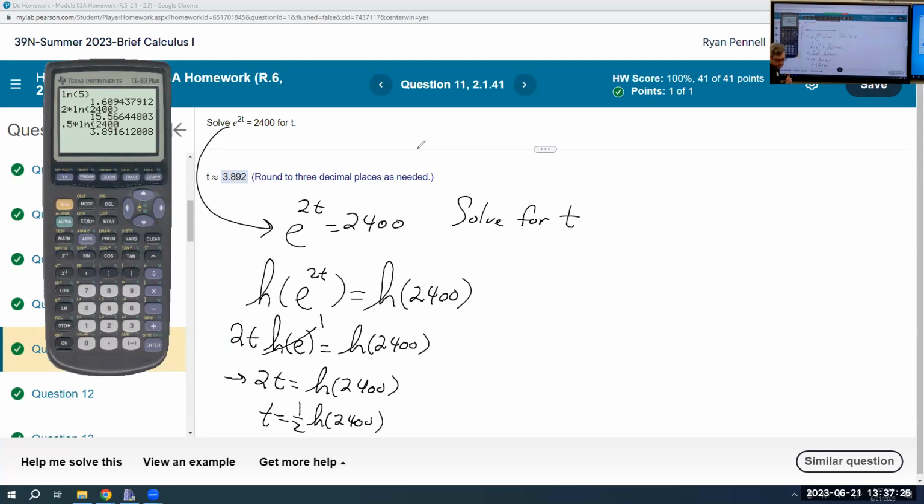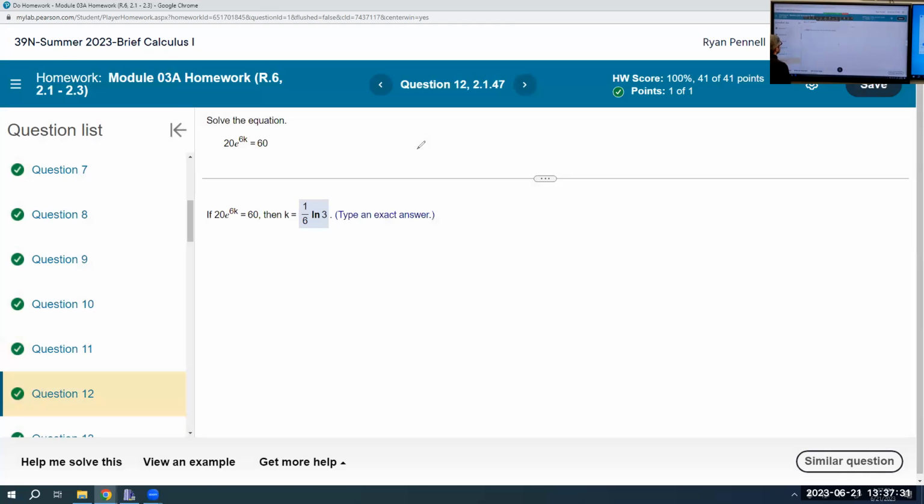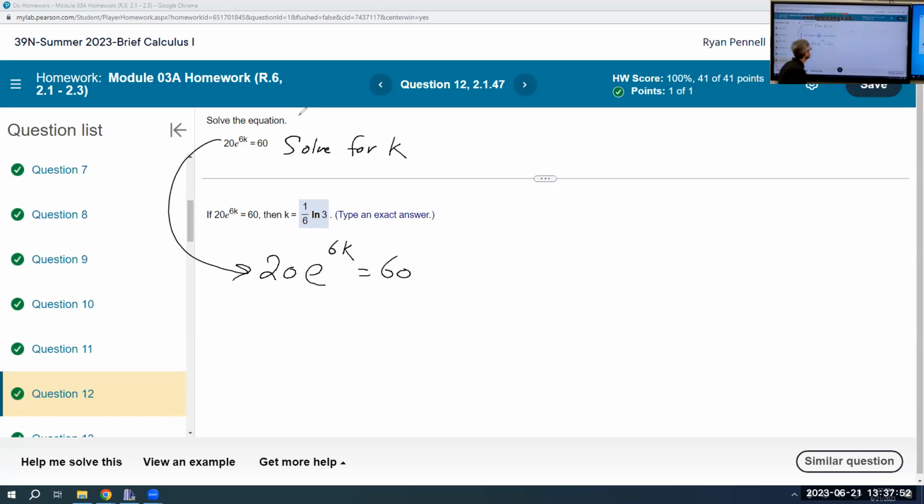All right, I got another one that's similar to this. We'll go over 12. Now we want to solve for k. So what do we have? We have 20 e to the 6k equals 60. This is similar to something we just had. So this is like e to the 6k equals 60.